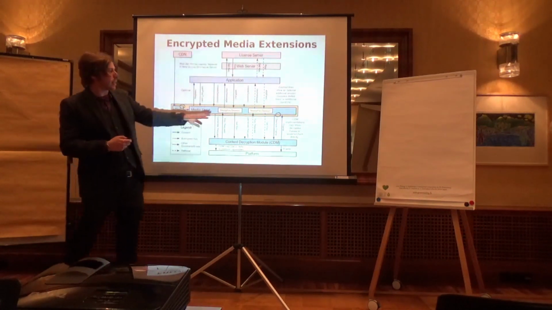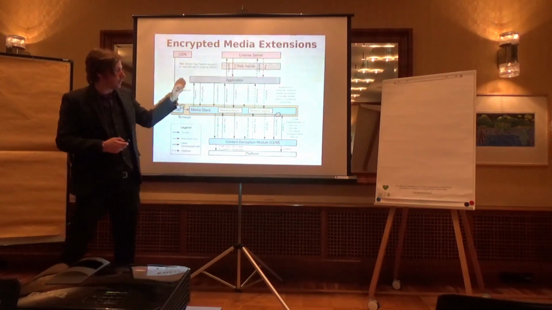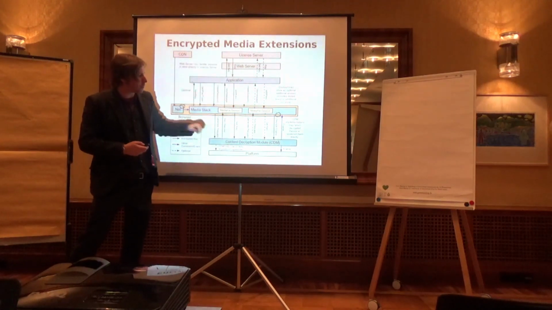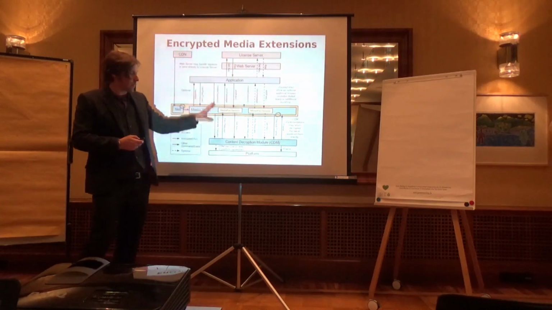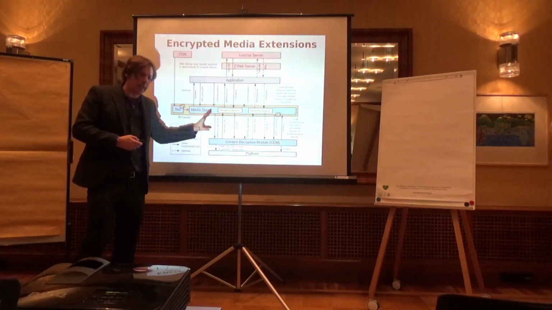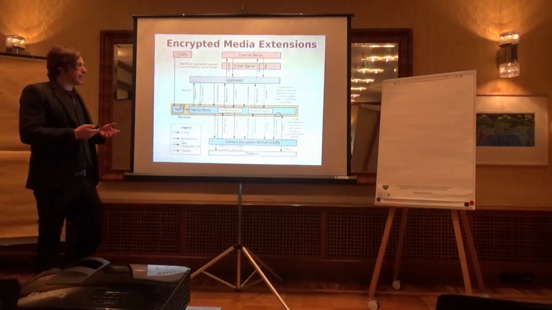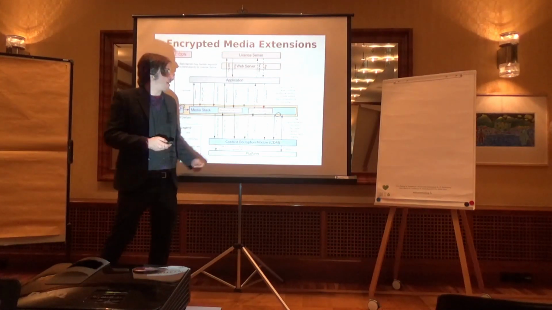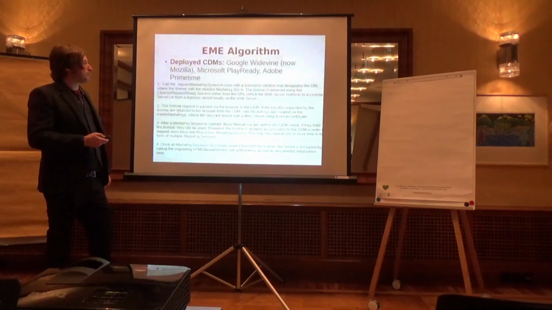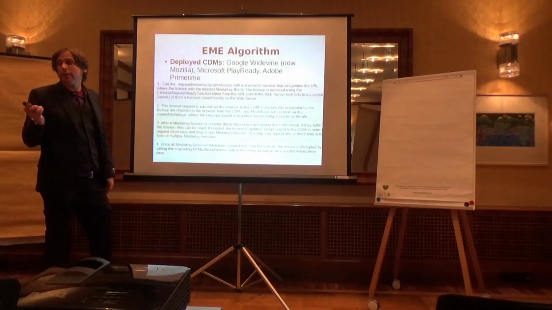Once you've proven that you indeed have the right license, the video is then sent to the content decryption module, which is usually stored natively in the browser or even at the operating system level, although it can be downloaded. That content decryption module decrypts the video frame by frame and passes it back up. We can go into that in more detail, but regardless.